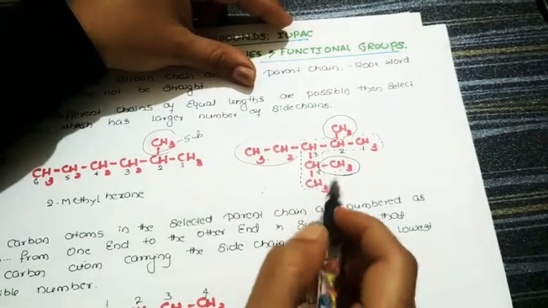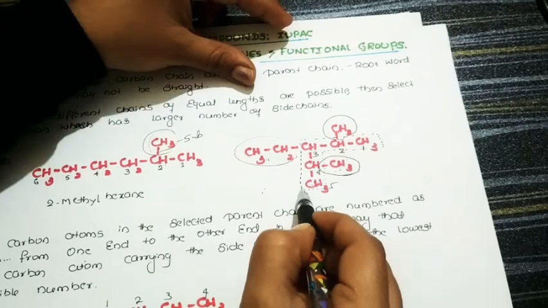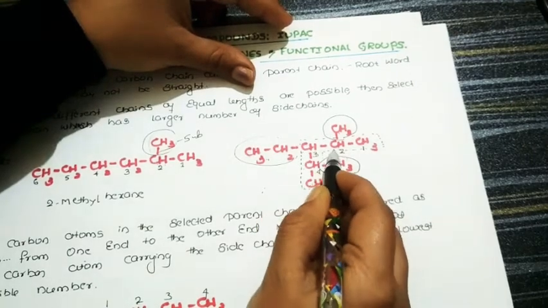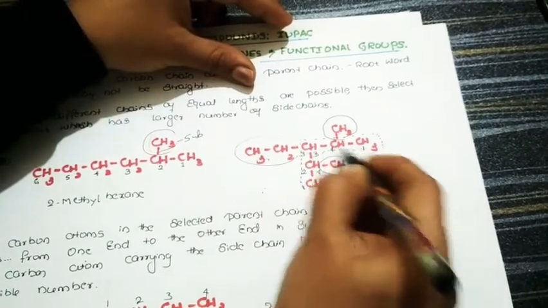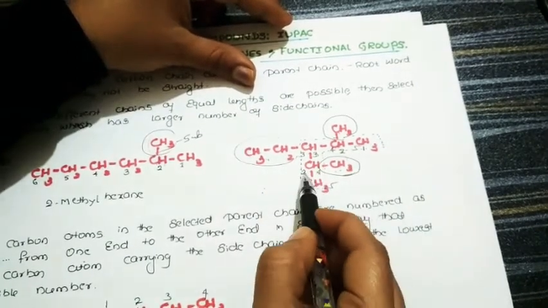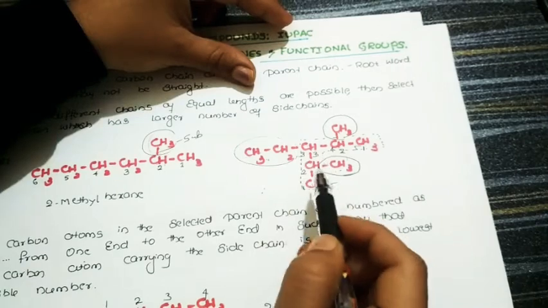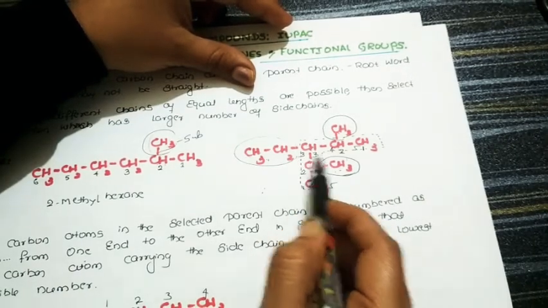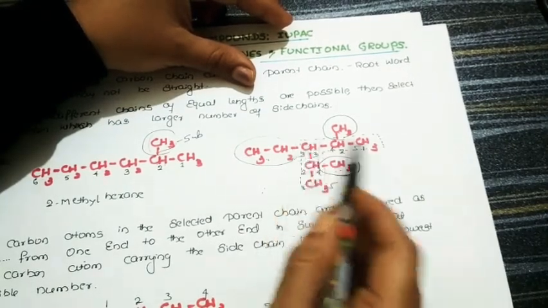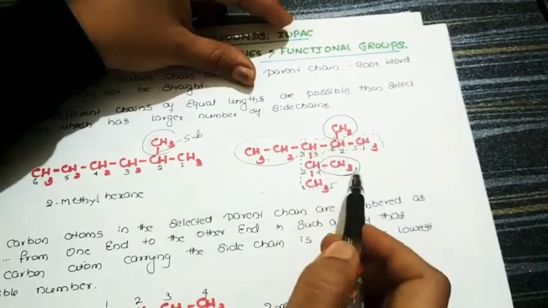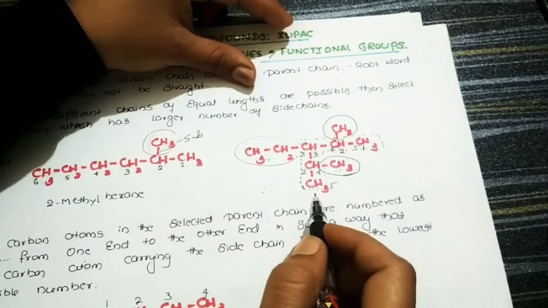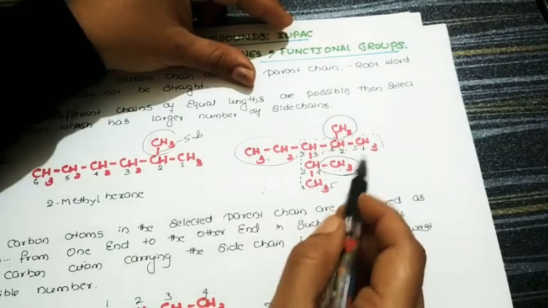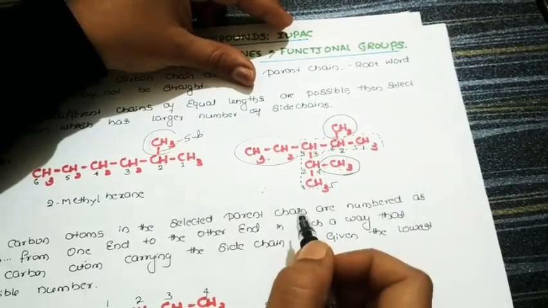That is one method. If I number in this way, 1, 2, 3, 4, 5, dear students, 2 plus 3, 5, 5 plus 4, 9. So however I give the number, I'm getting the same sum of the locants. So any method you can choose over here.